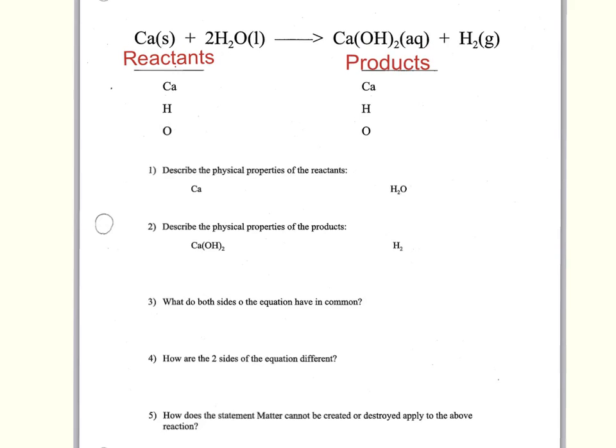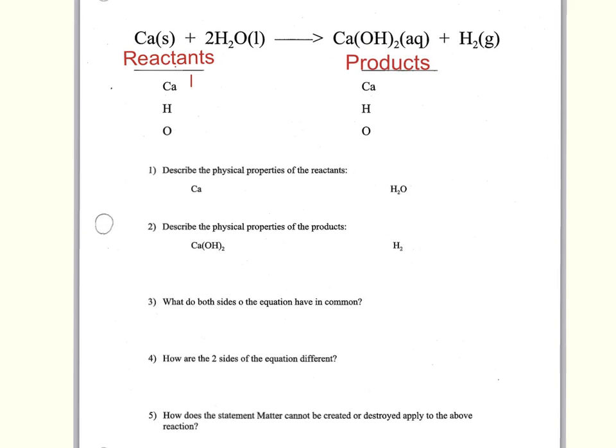So we're going to use our skill of counting atoms. First, starting with calcium with the symbol Ca. There's no subscript or coefficient, so that means there is one calcium atom on our reactant side.